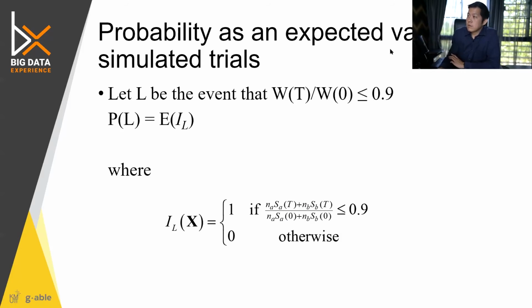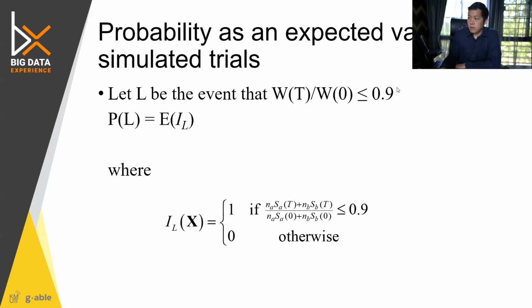We want to, in order to use Monte Carlo, we need to have a certain question that we want to answer. Like what is the chance that the portfolio wealth will be dropped by 10%? This is the comparison between the initial wealth, W0, and WT, the projected wealth.